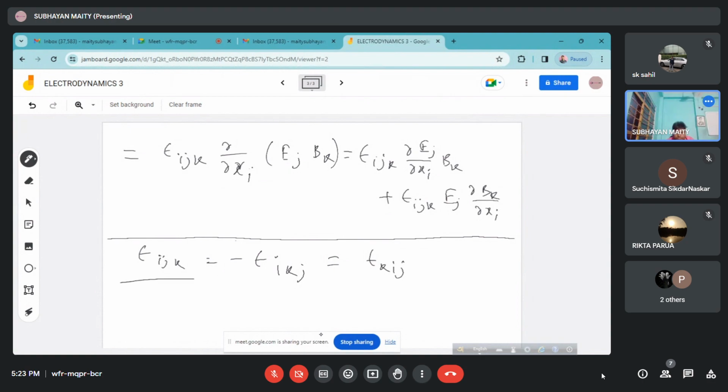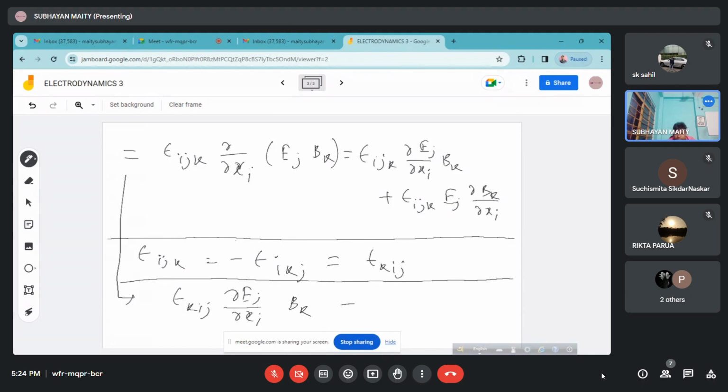So the first term you can write as epsilon kij del Ej by del xi times Bk.